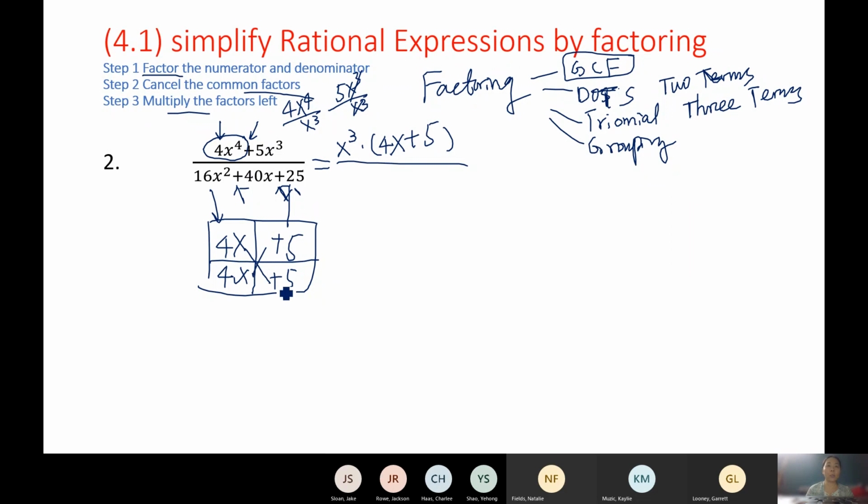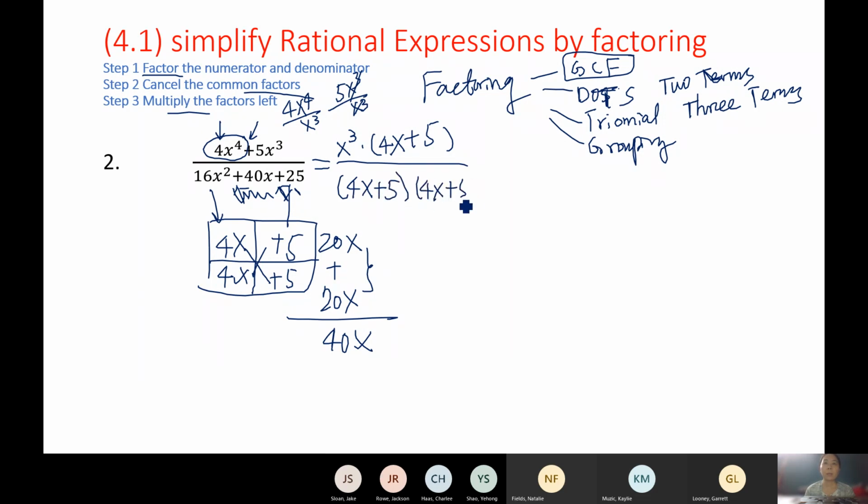And make sure the cross products, the diagonals, 4x times 5 is 20x, 4x times 5 is 20x. After you add them, you should get the term in the middle, 40x. If it does give you 40x, that means this factoring is correct. Otherwise, it's incorrect. So we write the factors horizontally, 4x plus 5 times 4x plus 5.